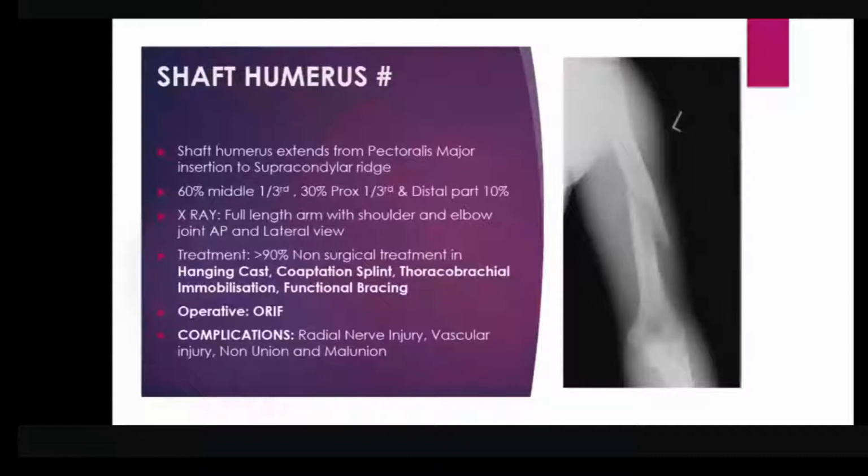Most common complications of operative treatment will be infection and stiffness, these 2 things. Anytime you operate, there is always chance of infection, there is always chance of stiffness. This is a very important point.